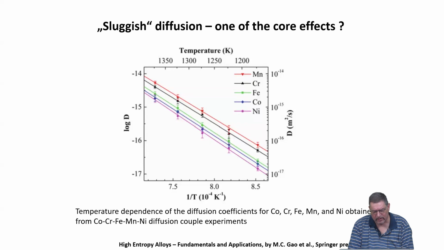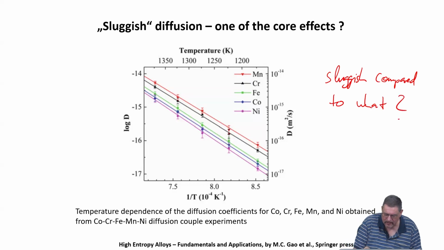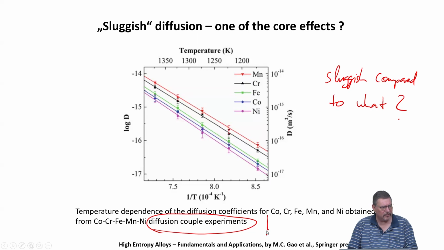Why do you not see sluggish diffusion? Because sluggish could only be meant as a comment in comparison to what? So sluggish compared to what, right? I will show you later that this is not so easy to define. Very importantly, these were done by diffusion couple experiments.